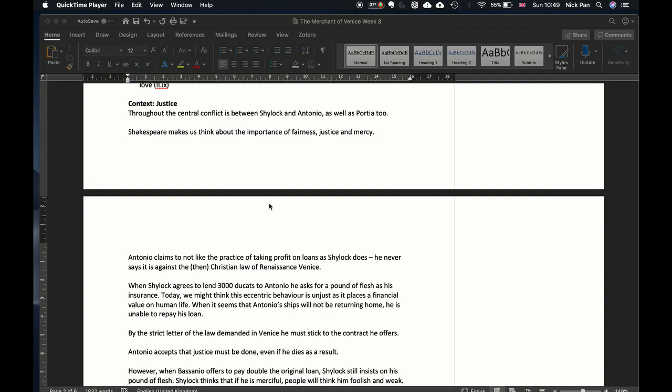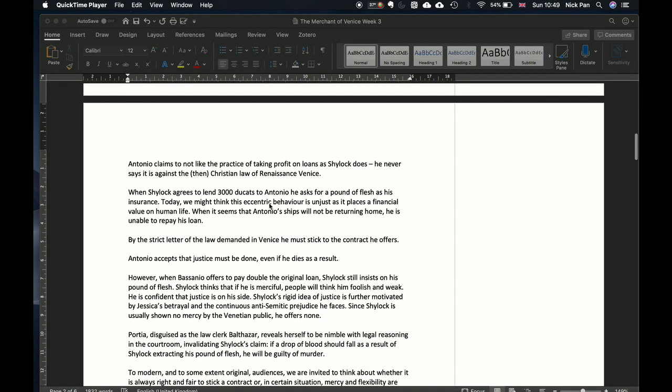We obviously have fairly different ideas about what these big concepts of fairness, justice, and mercy are. However, we can establish what original audiences might have thought about a character like Shylock and what we think about the character of Shylock.